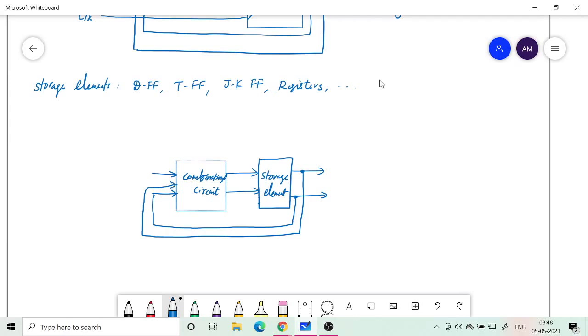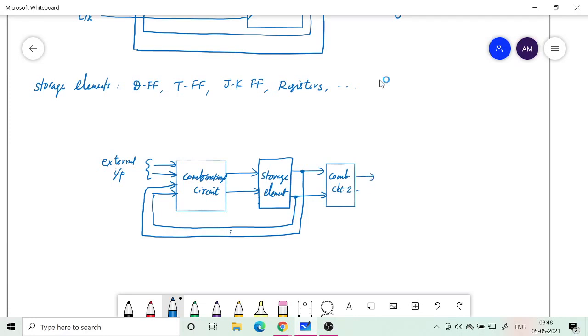So there are a number of lines which I am feeding back. So these are the external input and the state, directly or through some additional combinational circuit, combinational circuit 2.